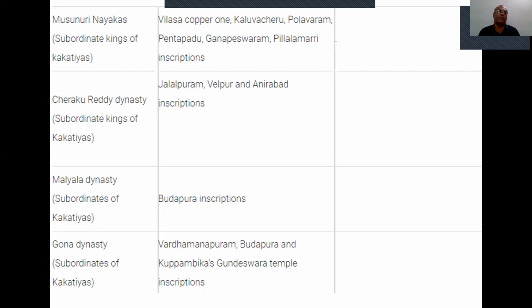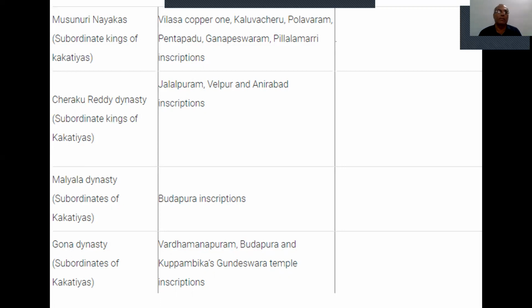After the downfall of the Kakatiyas, several subordinate kingdoms proclaimed their regional independence. So the Malayala dynasty and the Cheraku Reddy dynasty are all subordinate kingdoms which proclaimed regional independence after the downfall of the Kakatiyas.